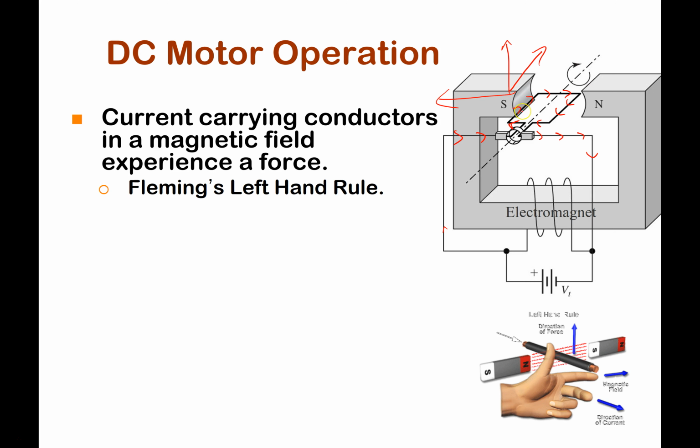So on this side of the winding, we'll experience an upward force, and then on this side of the winding, we have the current coming the other way. The current comes down, so the direction of the field remains the same but the direction of the current changes.